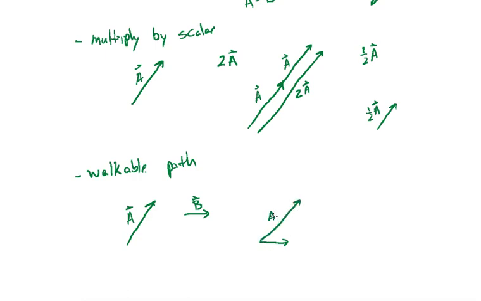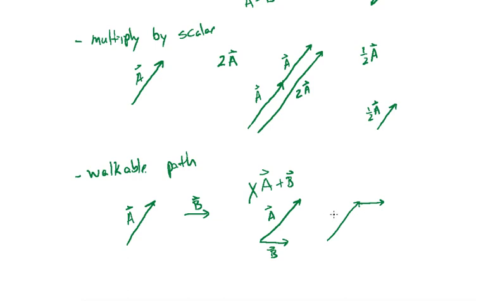Because you have to walk in the direction of the arrows. If I walk along A, then I'm here, and now I can't walk along B because B is way back here. I'd have to magically teleport back to walk along it. So this is not correct. This is not A plus B. You would want to walk along A, get to the end of A, then do your next vector.